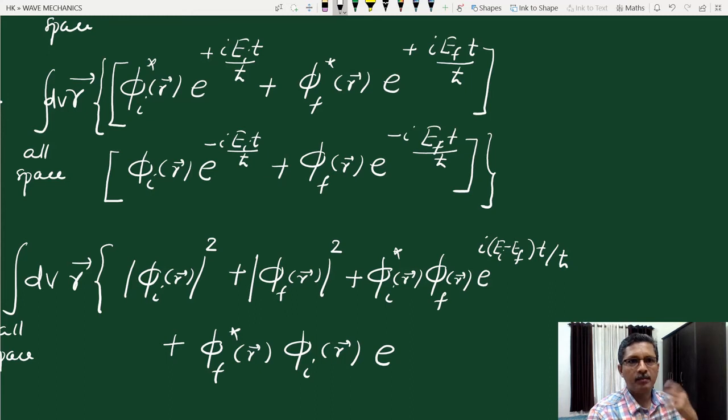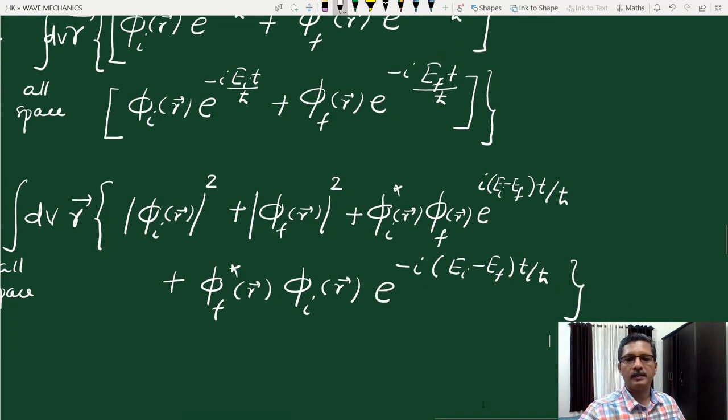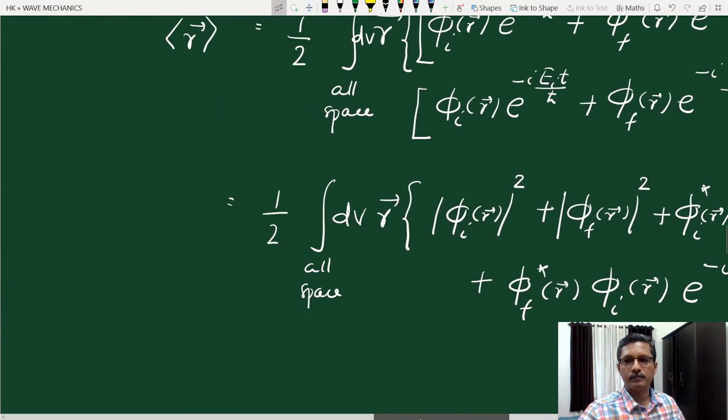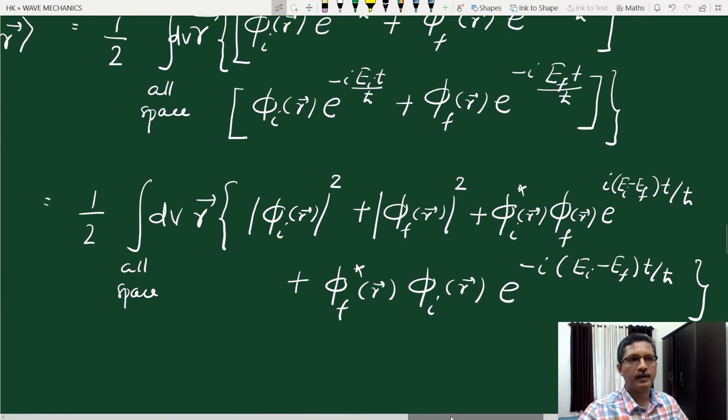Suppose I take minus I t by h cross outside, so what you get is e raised to minus I (E I minus E f) t by h cross, the exponential term. So these are our 4 terms in the expectation value of r. This is the expectation value of r.